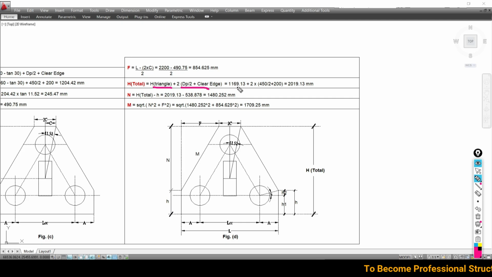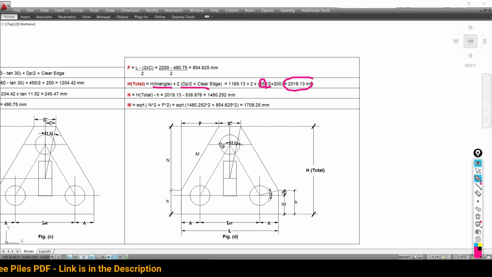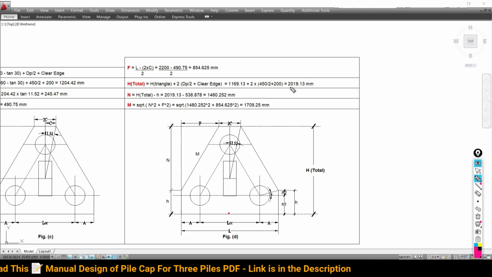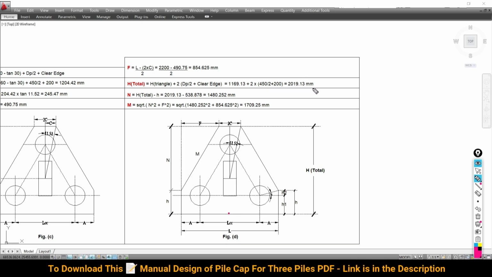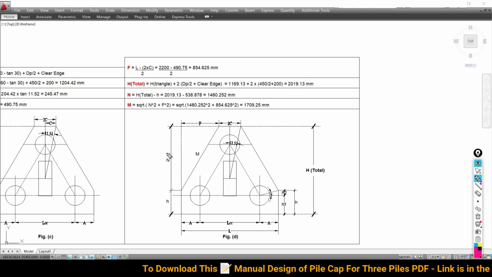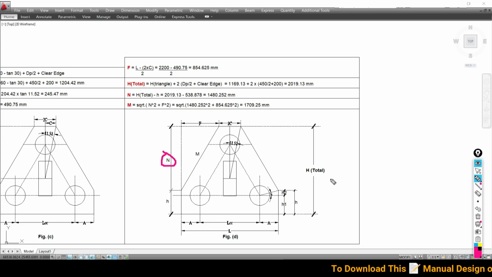So 1169.13 plus 2 times 450 diameter of pile divided by 2 plus clear edge distance. Finally this gives us the total height of this pile cap from base to top as 2019.13 in mm.